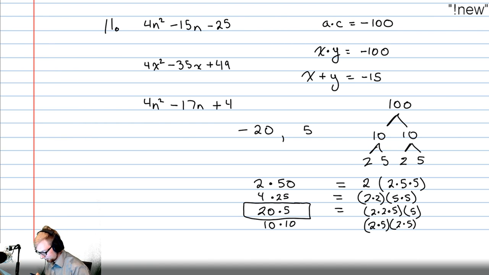This would be 5n minus 5. And then the answer should be 4n plus 5 as one factor, and the second factor should be n minus 5.